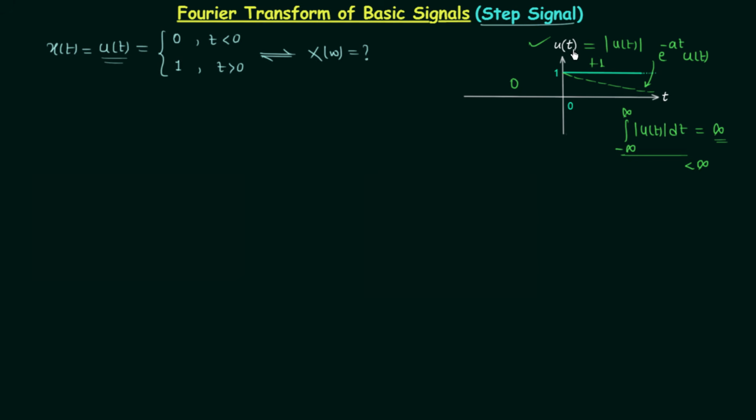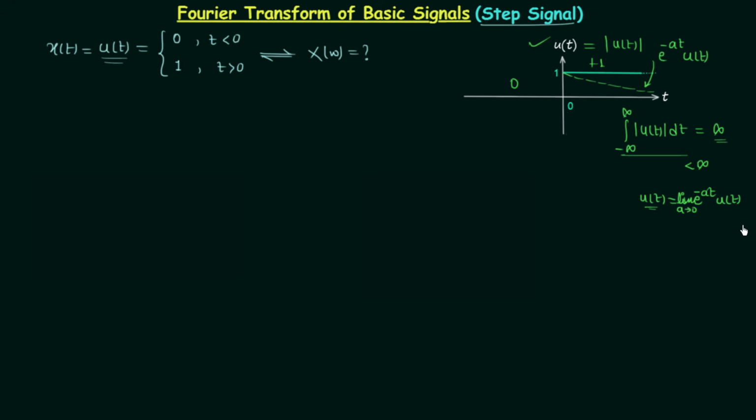So we can write u(t) as the limiting case of e^(-at) u(t): limit a tends to 0 of e^(-at) u(t) equals u(t). Here we can apply the Fourier transform on both the sides, and we can have the Fourier transform of u(t).